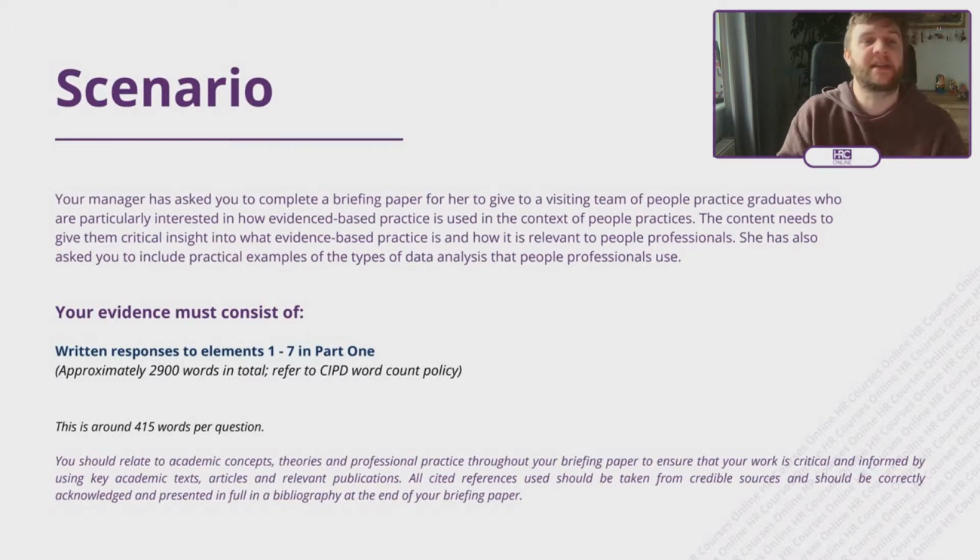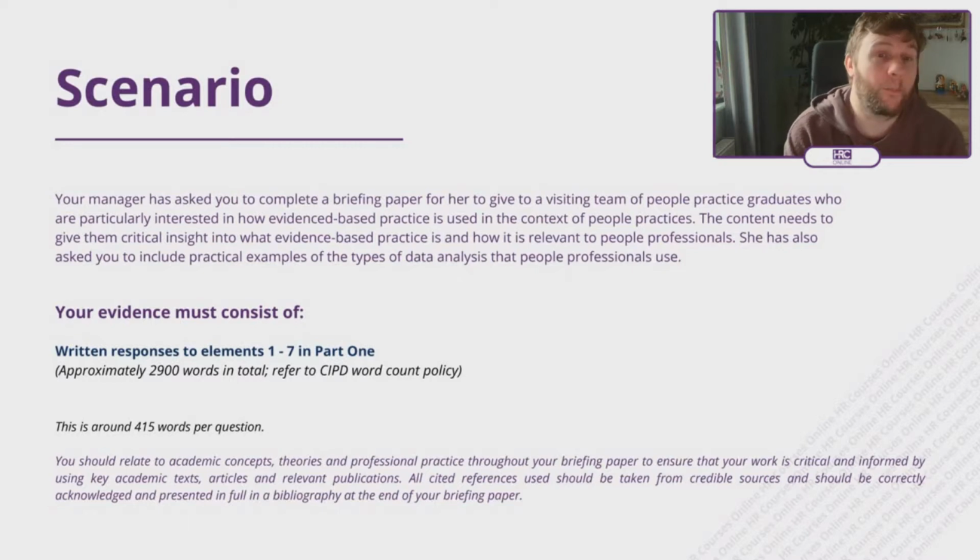The content needs to give them a critical insight into what evidence-based practice is and how it's relevant to people professionals. She has also asked you to include practical examples of the type of data analysis that people professionals use. The clever part in this is include practical examples. This is where you're referencing your citations, your evidence-based practice really kicks into fun.